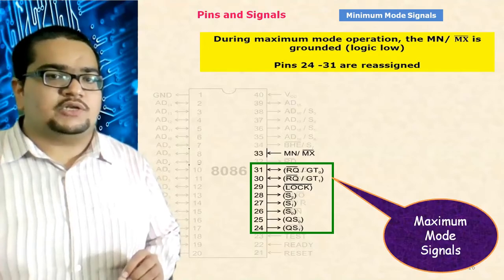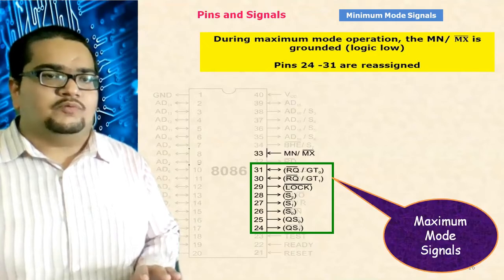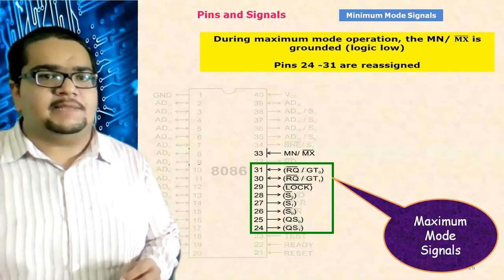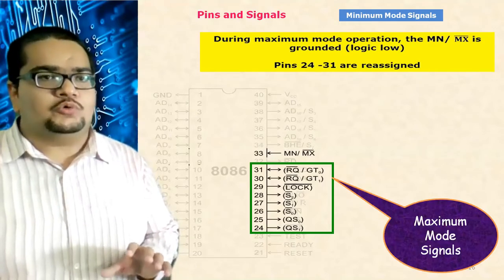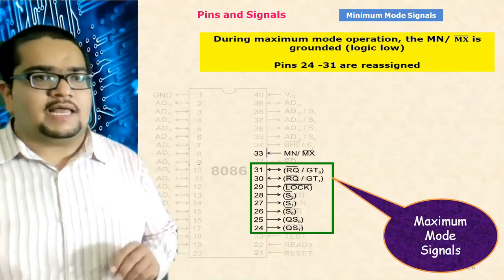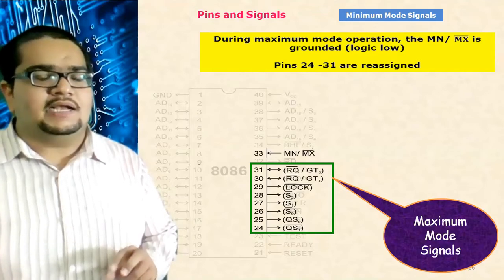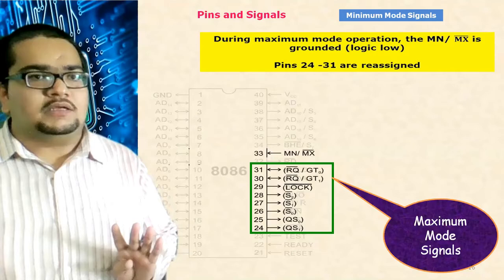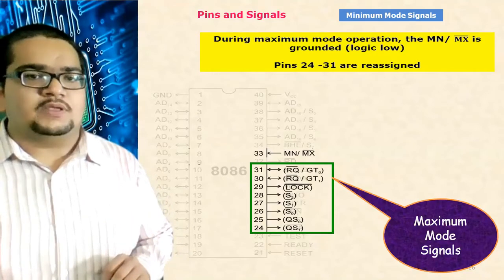So QS0 and QS1 indicate the status of that queue, whether the queue is empty or it is fetching the data from the memory, we will see. Both of these two work together. QS0 is the LSB of the indication, QS1 is the MSB. So these two binary lines indicate 4 types of operations going on in the instruction queue. What those 4 operations are, let us check it out.